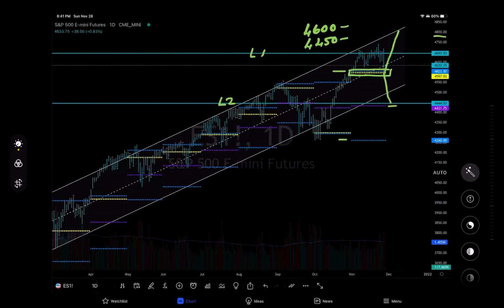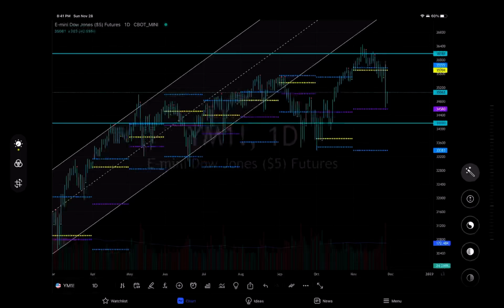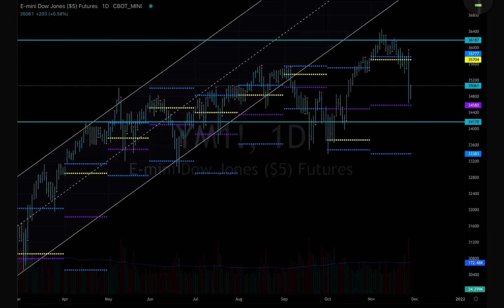And then the last one we are going to look at is Dow Jones. As we see here, for close to the last 4 months, Dow Jones broke that upward trend channel. It broke it in September.